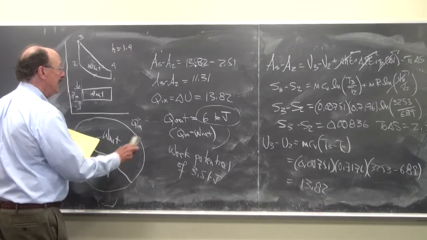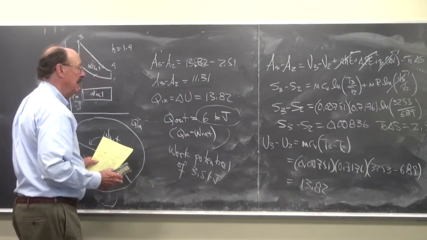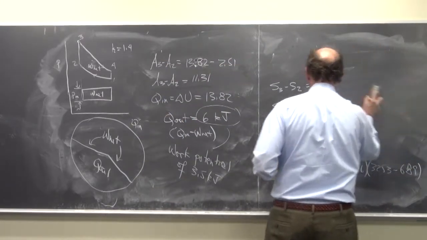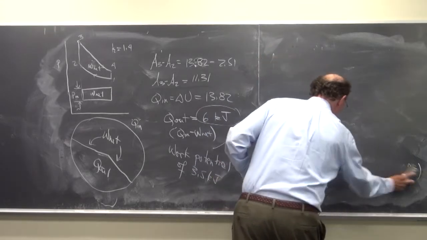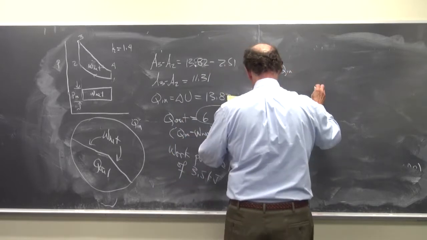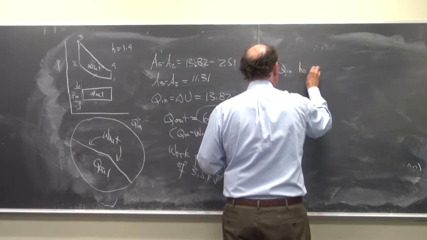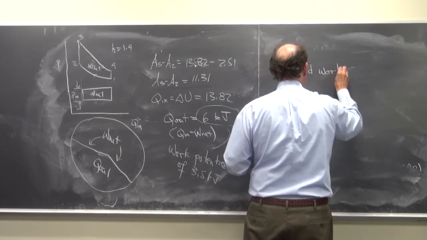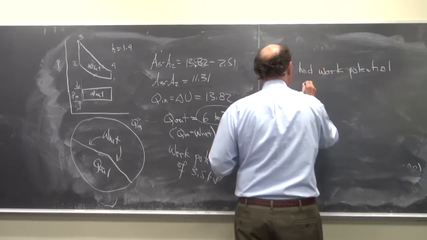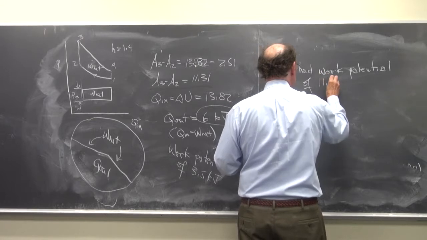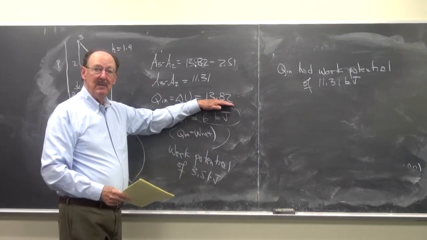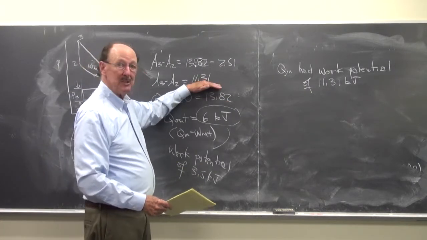And when we look at the availability, we know the heat in, Q in, had a work potential of 11.31 kilojoules. So of the 13.82 kilojoules of heat in, this was the work potential.